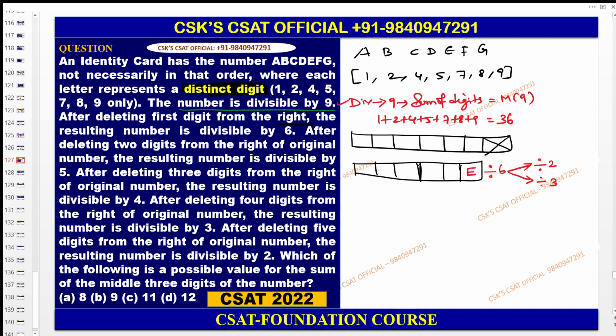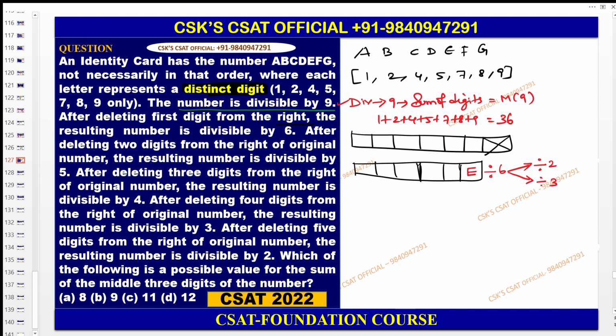So therefore it is going to be even. Now one more condition is there, divisibility by 3. Divisibility by 3 is nothing but the sum of the digits is a multiple of 3, then fine. Or else 0 is also fine.